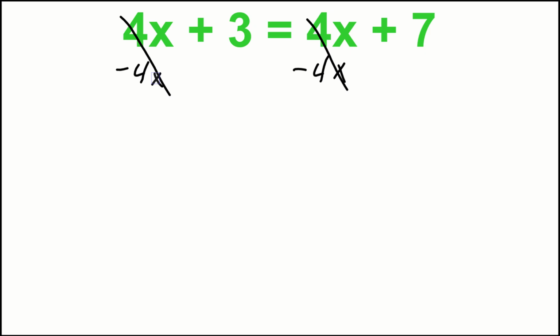It also cancels out there. So what we're left with, we got like 3 equals 7, or if we move it to the other side, we got like 0 equals 4, or -4 equals 0, depending on which way you move it.